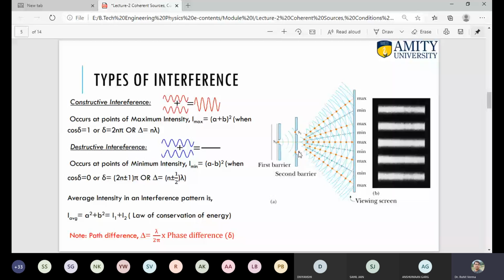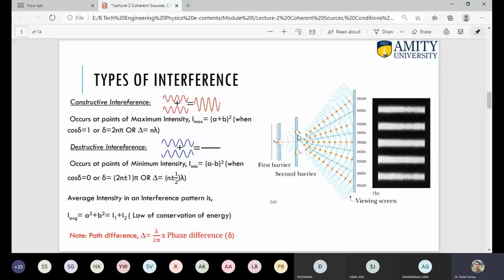So you can say in this example, the wave front is divided. Some portion of the wave front is passing through the slit S1 and some portion is passing through the slit S2. And then these two pinholes, S1 and S2, now behave as secondary sources of light.